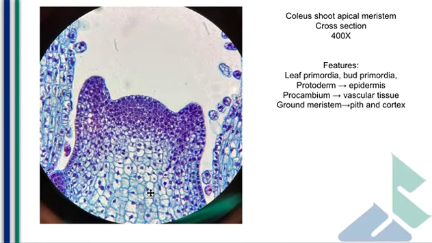Now remember that our tunica layers, the L1 and L2, the surface layers here, have different directions of cell division compared to our corpus layer.